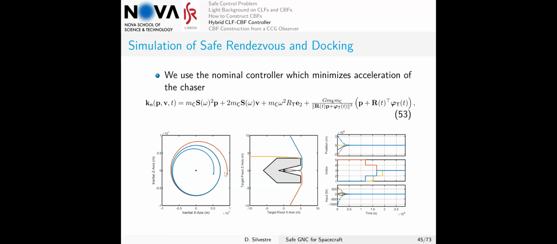As you can see, there was another orbit that we tested, an orbit that is closer to Earth than the target, but we always manage to avoid the obstacle. Here you can still see the switching happening between the hyperplanes that define the shape of the target. And then, of course, you have the inputs and the error of the position asymptotically going to zero.